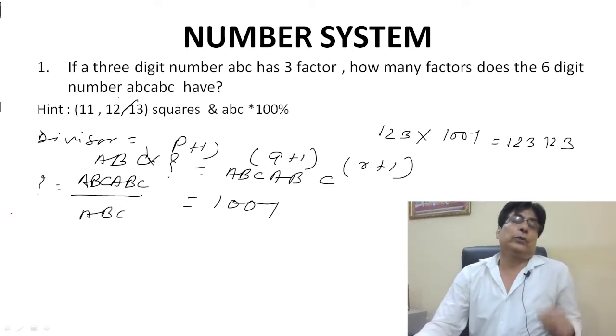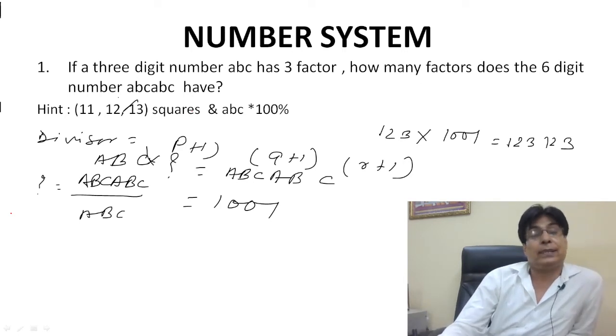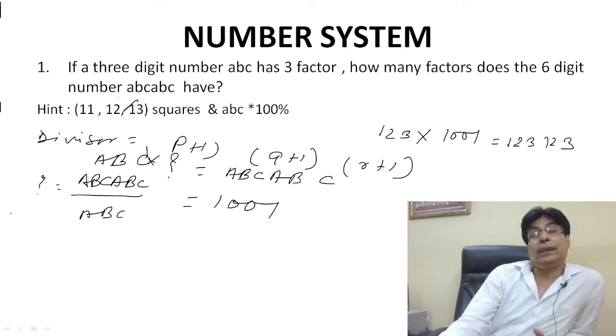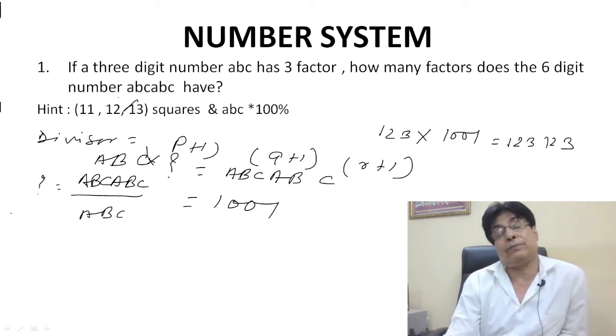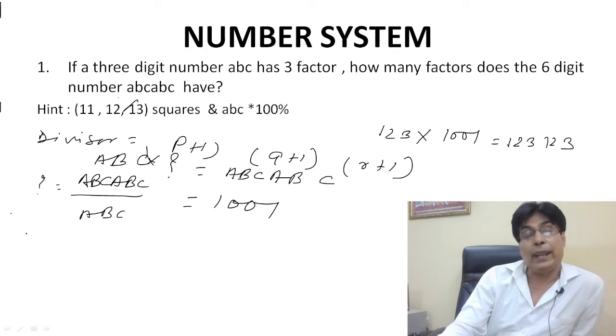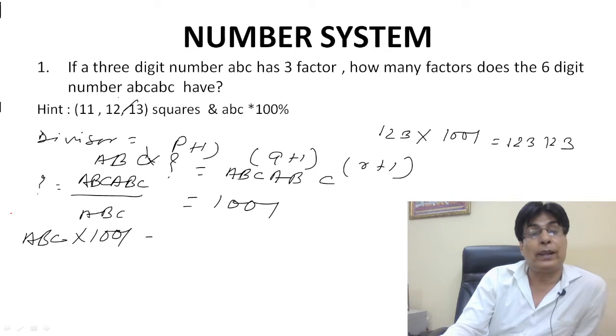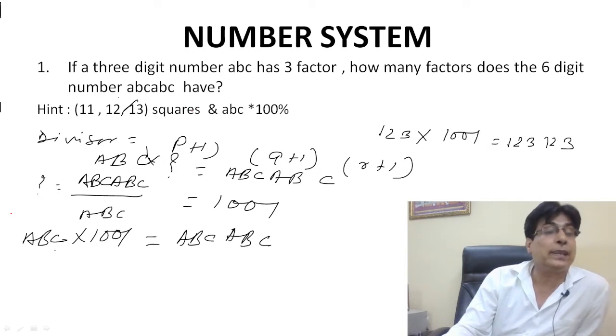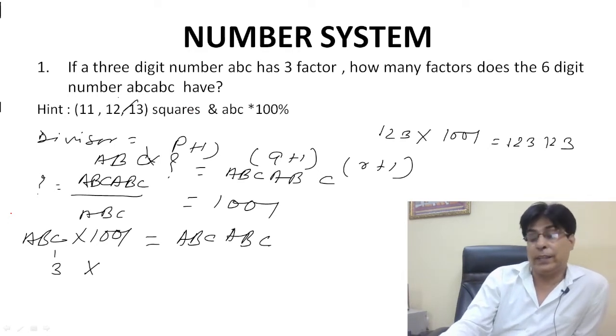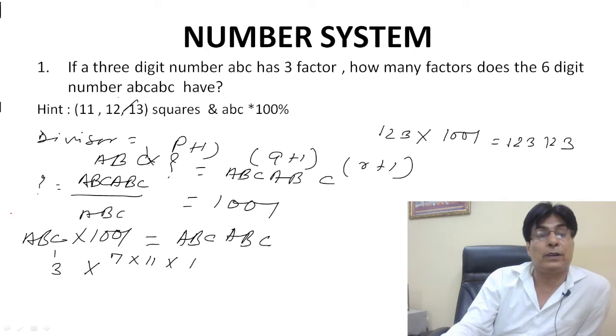Now, come to the question. ABC has 3 factors, and to find the number of divisors, you must prime factorize the number. Here ABCABC is ABC into 1001, and the number of factors of ABC is 3. If you factorize 1001, you get 7 into 11 into 13.